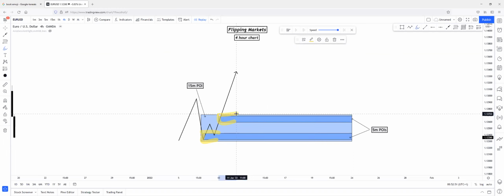The second one is up here. The first one has been already mitigated by price. So this means you can safely use the upper one as the 5-minute refinement. But if price didn't mitigate the first one, so it has been left unmitigated, you can't use double zones. You will have to use the full 15-minute zone as your demand zone. So you can't refine it.